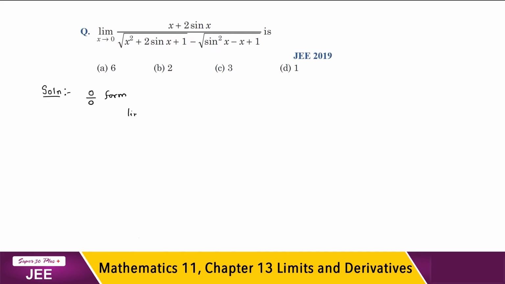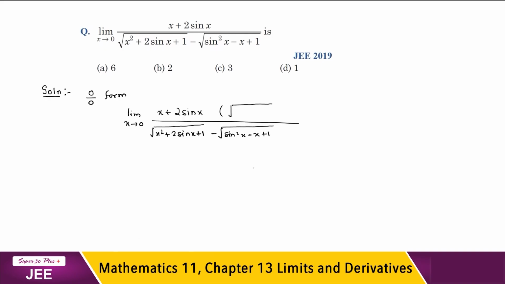So I can write it down as limit x tending to 0, x plus 2 sin x divided by this quantity which is root over x square plus 2 sin x plus 1 minus root over sin square x minus x plus 1.